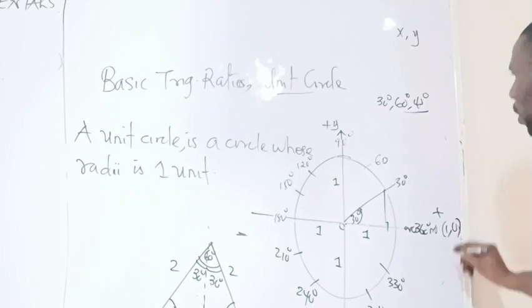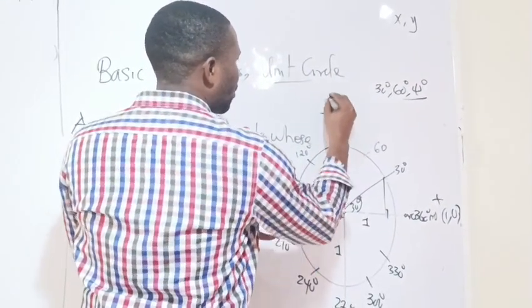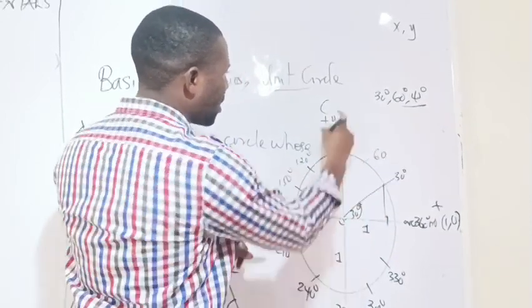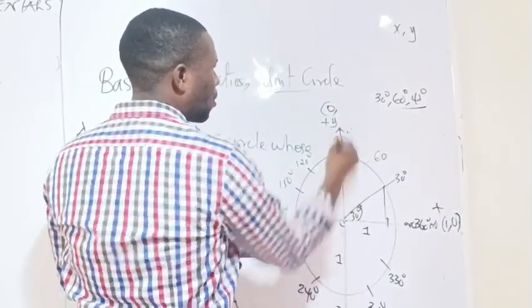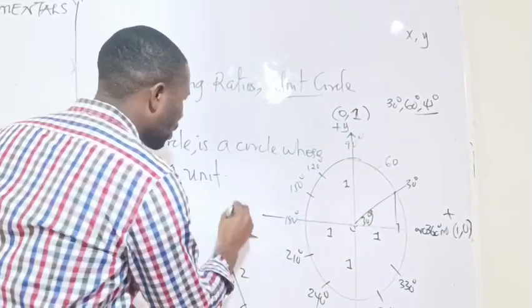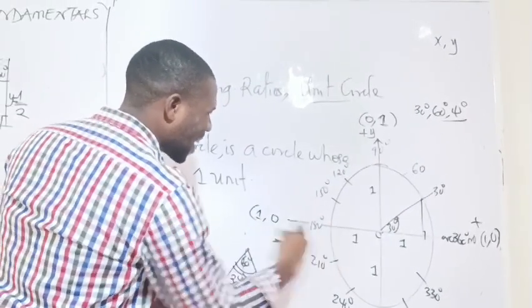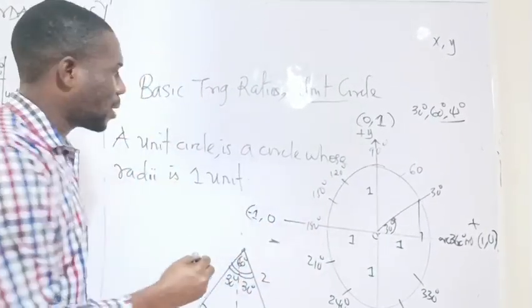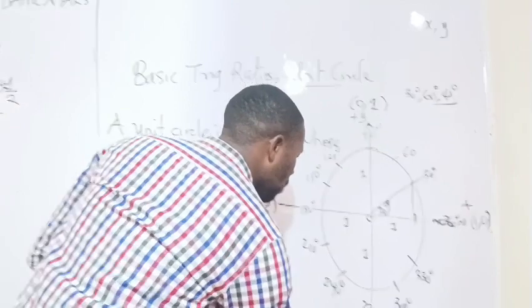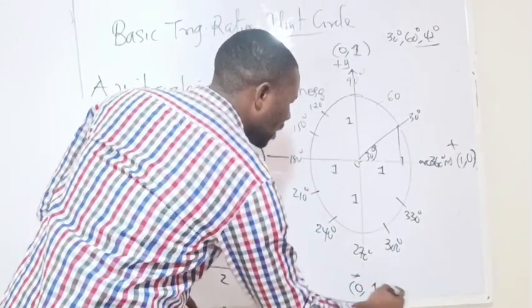Then we come here, if we take the coordinate now, we see that x is 0 here, but y is plus 1. This is the positive y-axis. Then we come here, x is 1 here, but y is 0, but x is negative here, so we stick in the minus here, right? Then we come here, x is 0 here, but y is 1, but it's negative 1 because this is the minus y-axis.